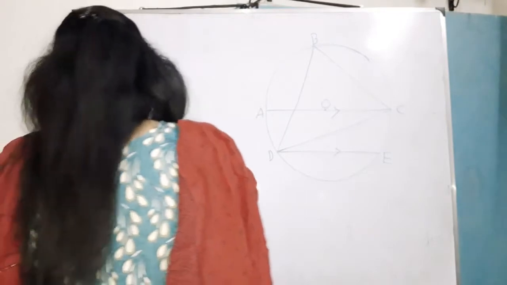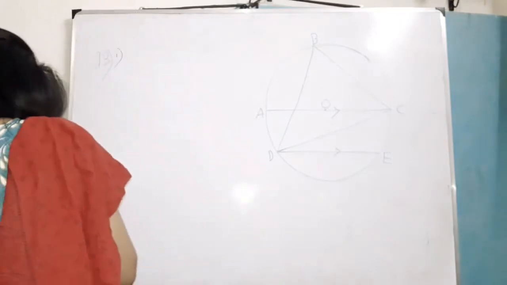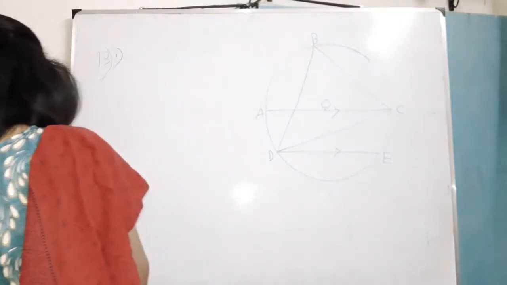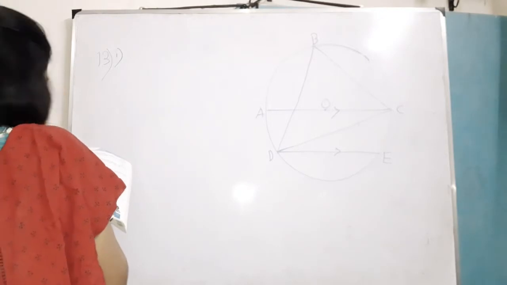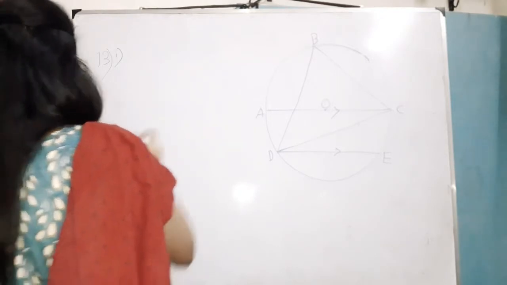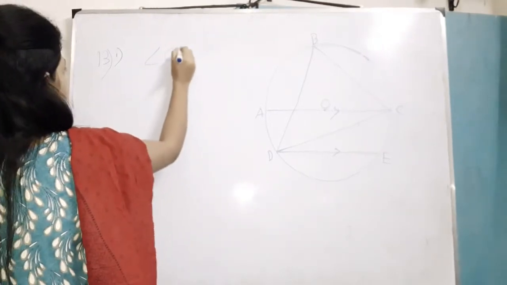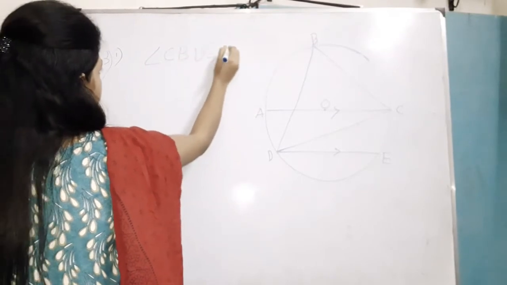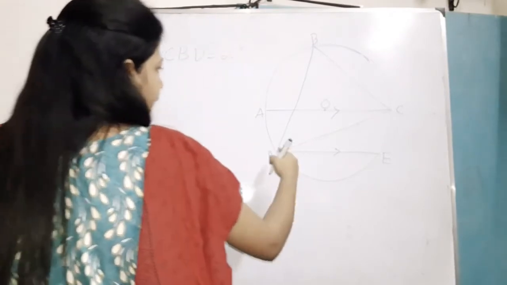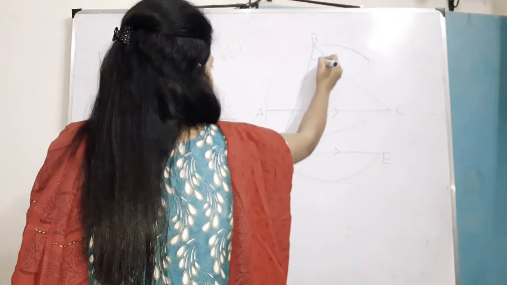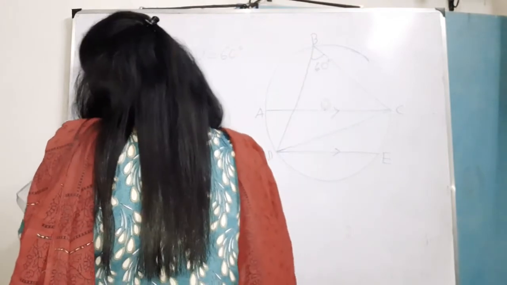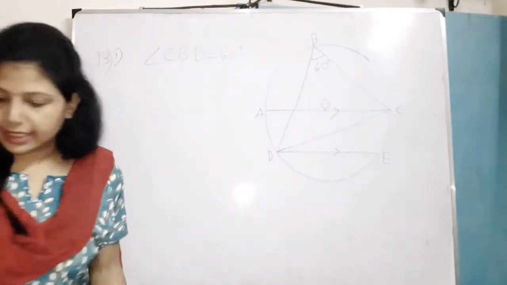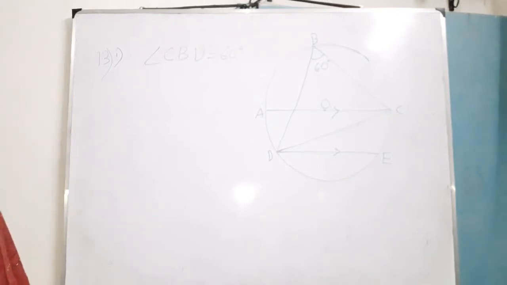Now what is given? O is the center of the circle, AC is diameter and chord DE is parallel to AC. If angle CBD equals 60 degree, that means this one is 60 degree. Find the value of angle CDE.